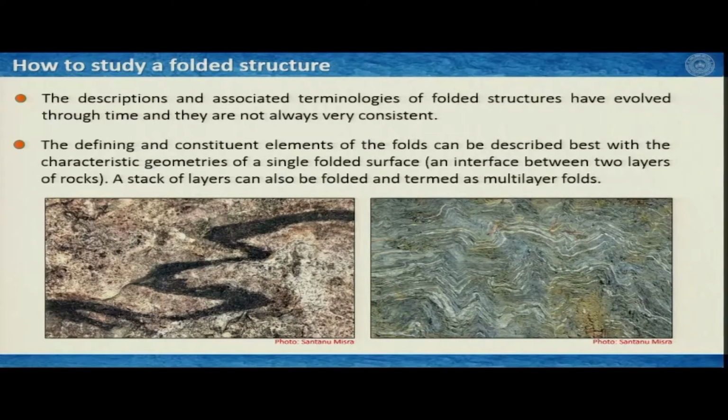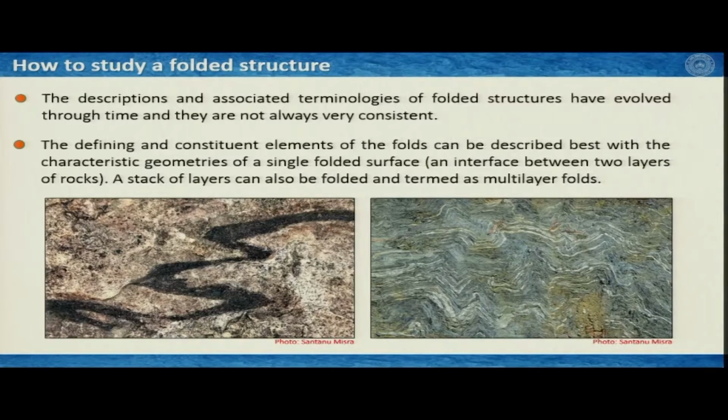So, to define a folded structure, you can think of it in two different ways. The first one is you can describe if you consider a single layer or an interface between two layers, and then we call it a single folded surface. So, if you have two layers, then you can think of their interface, how this interface is defining the fold, or you can consider a very thin layer of the rock and how it is defining the fold.